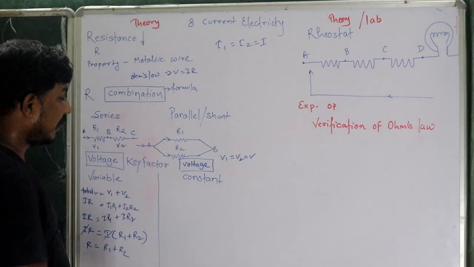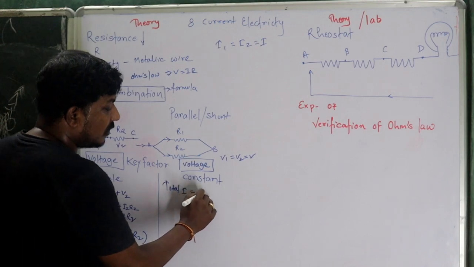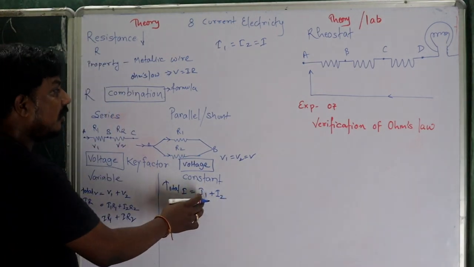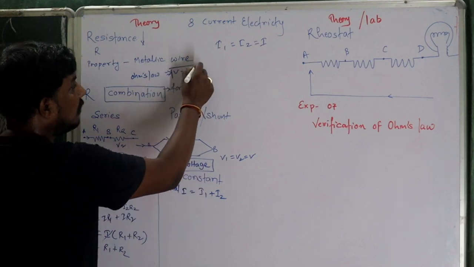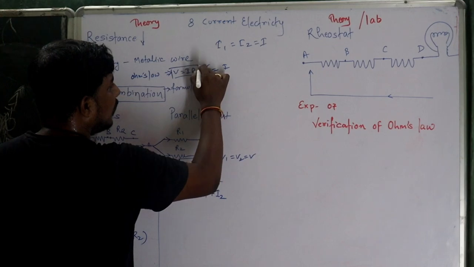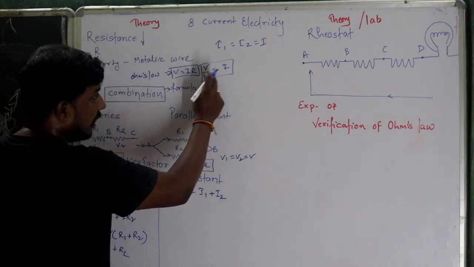Current. So the total current flowing in the circuit is equal to I1 plus I2. Now change the value of I from the same formula. Can we write this as V upon R? We can write it like so also. Now replace this I with these two terms.